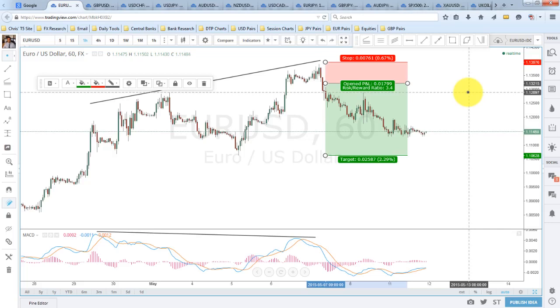It's a statistical business. It's not about being right or wrong. It's about taking high quality, high probable setups based on your edge, using good reward to risk ratios, using tight risk management. If you do those things, you will be successful.